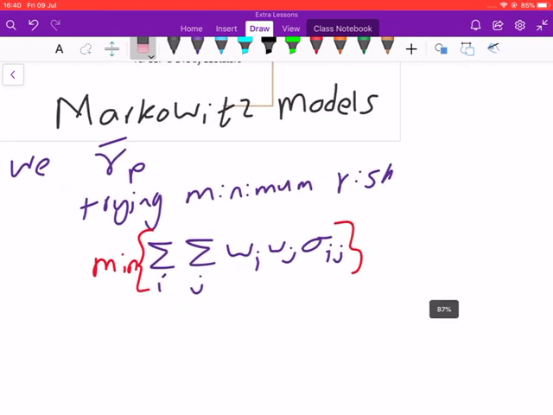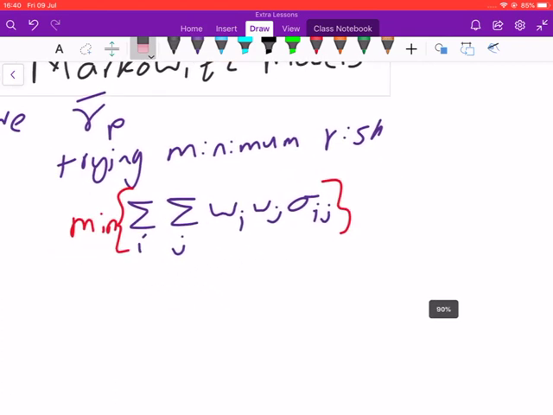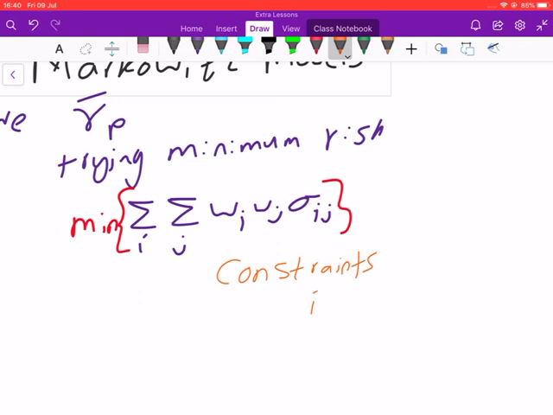So before we minimize it, we have to understand that there are constraints that you need to take into consideration. And what are these constraints? Your first constraint is the returns of your portfolio.